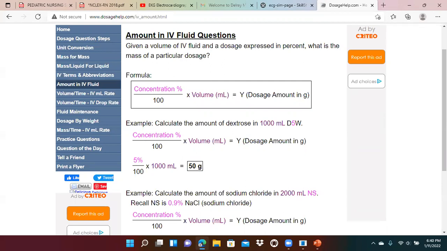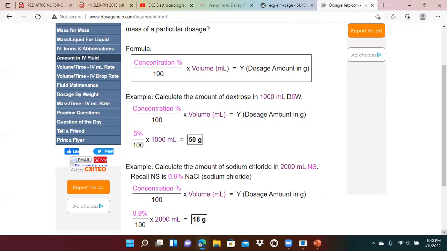Another example here, calculate the amount of sodium chloride in 2000 ml. So this is the volume, normal saline, and normal saline strength or concentration is 0.9% sodium chloride.